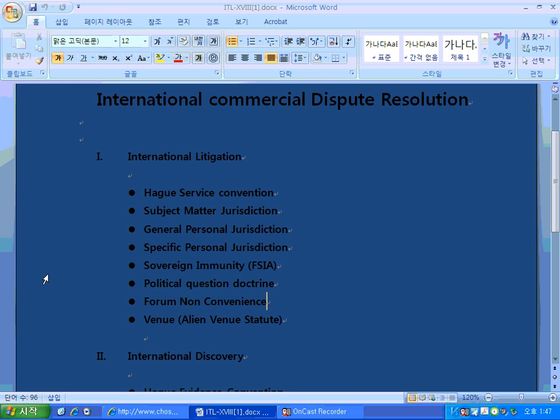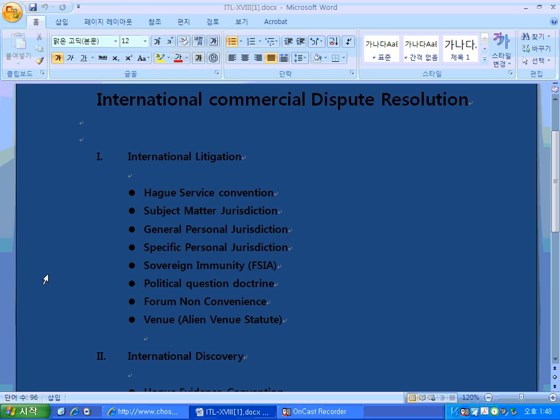And in terms of international litigation, we see two important strengths: service of process, and, as you will see later, evidentiary problems and discovery procedures. So we have two international conventions to respond to those issues. For service, the Hague Service Convention.